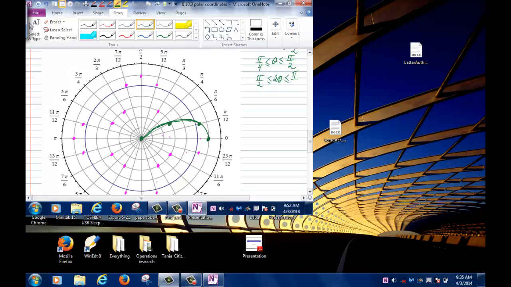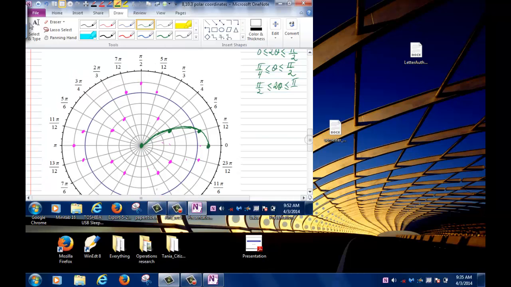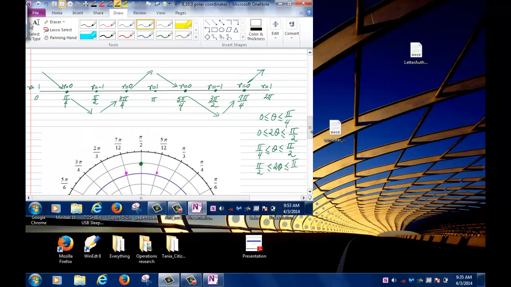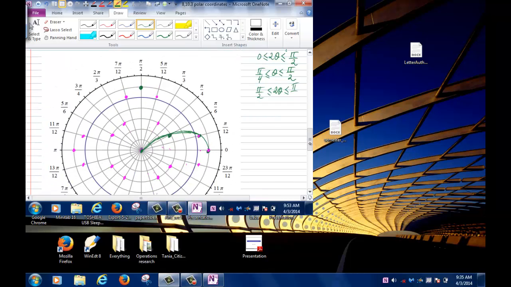Okay? Now, between pi over 4 and pi over 2, what is happening? At pi over 4, I have this point, the origin. At pi over 2, I get this point here. Remember, at pi over 2, the value of r was negative 1.